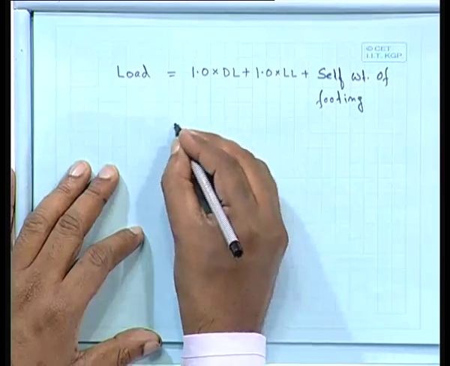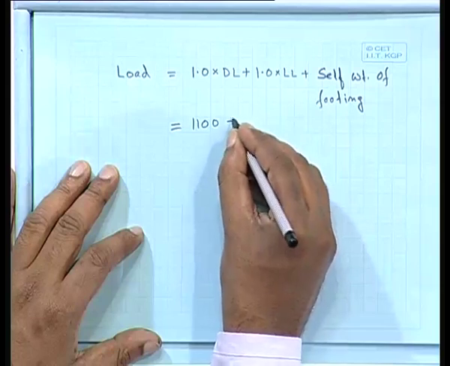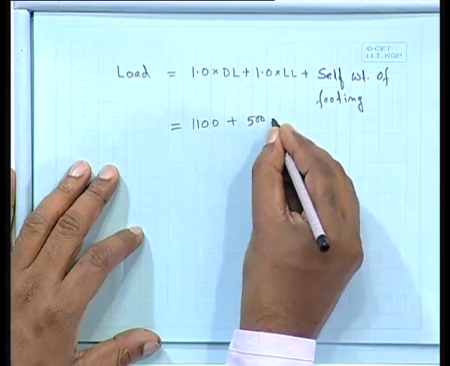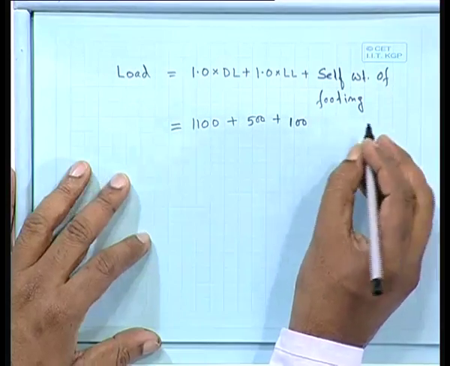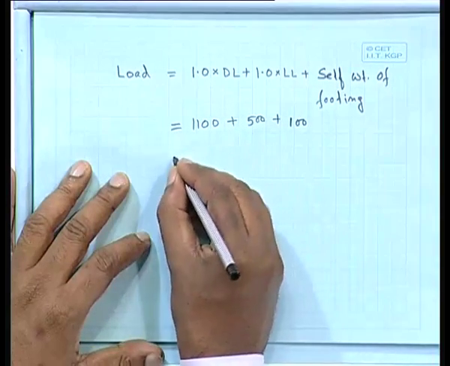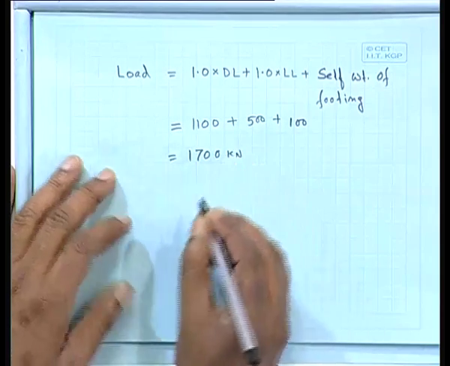Which comes as 1100 plus 500, and let us take 100 kilonewton as self weight. So, which is coming as 1700 kilonewton.